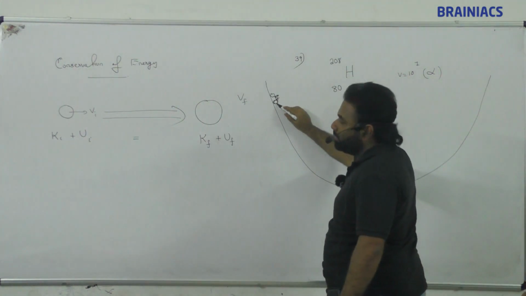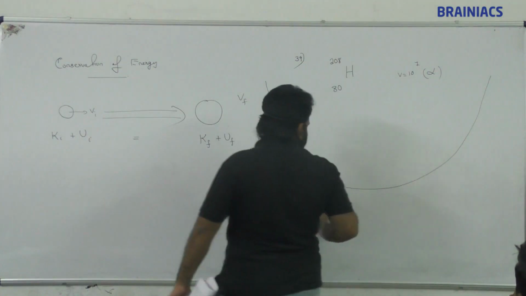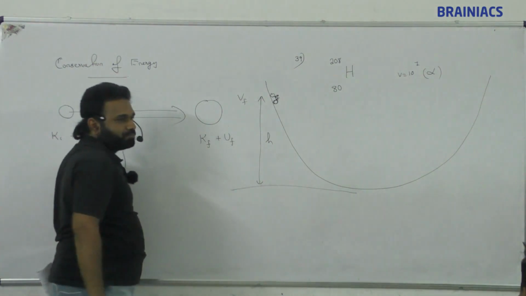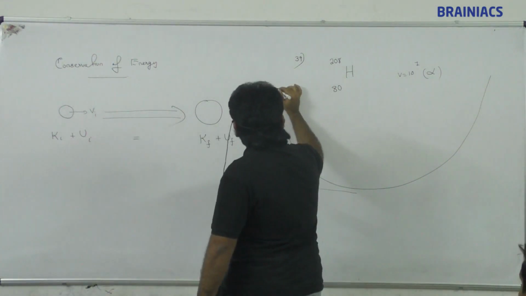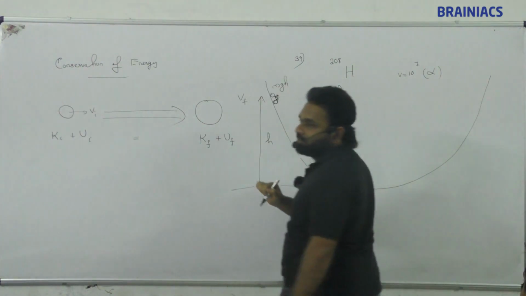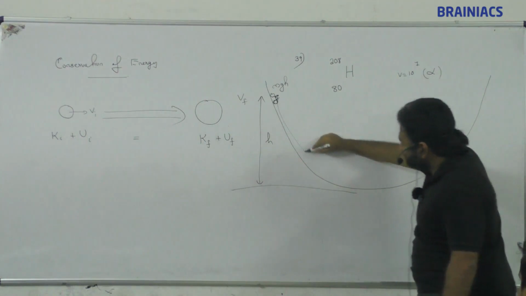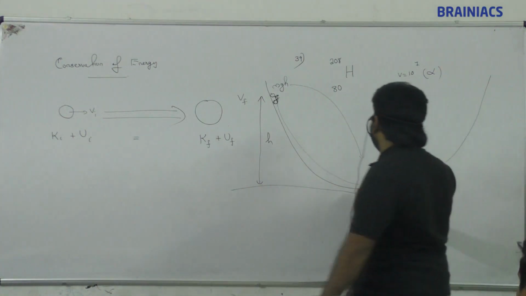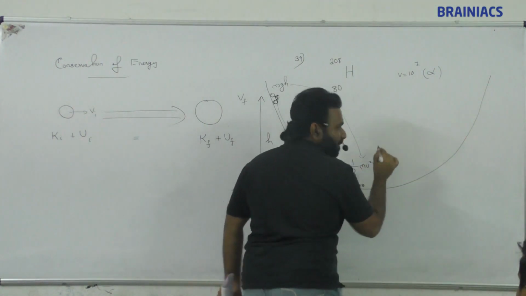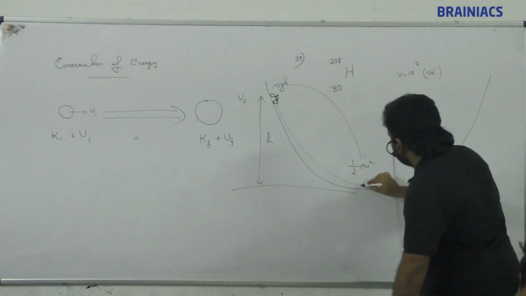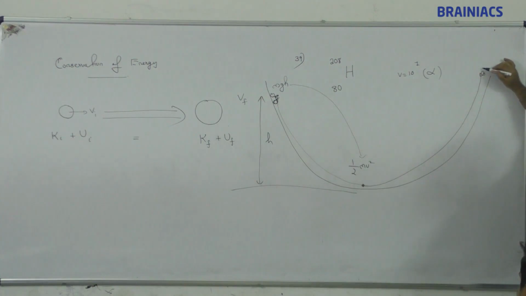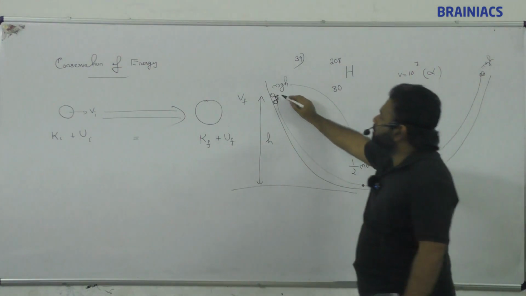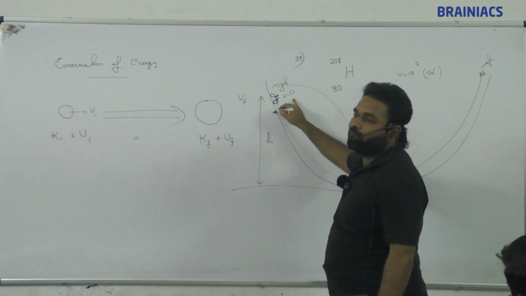Okay, so when it goes from here, this height is h, so it has mgh. When it comes down, this complete mgh will be converted into half mv square. At the top, what will be the velocity?